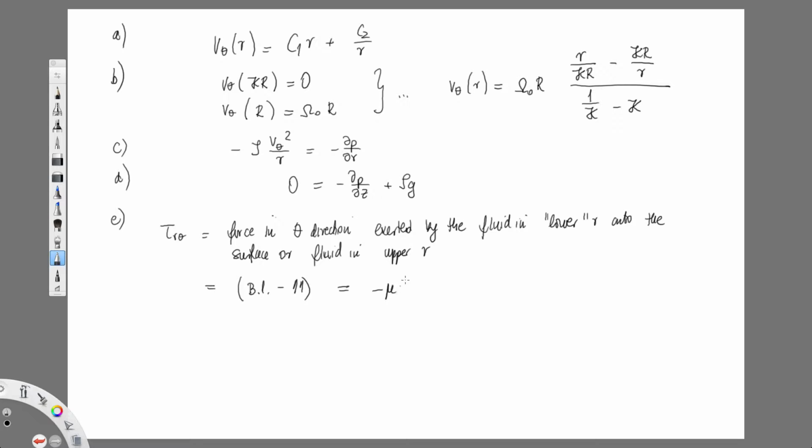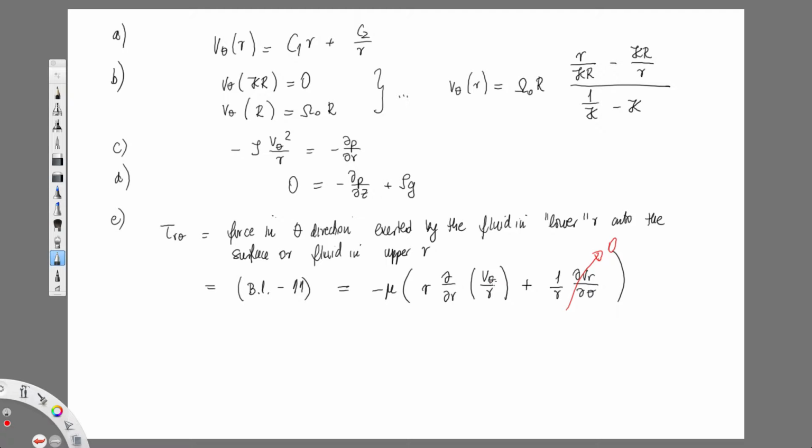So it's minus mu and then what? I know the minus mu part. r d/dr of v theta over r, plus 1 over r d/d theta. Well, there is no theta dependence and there's no v r, so this is 0. So I'm left with this part.